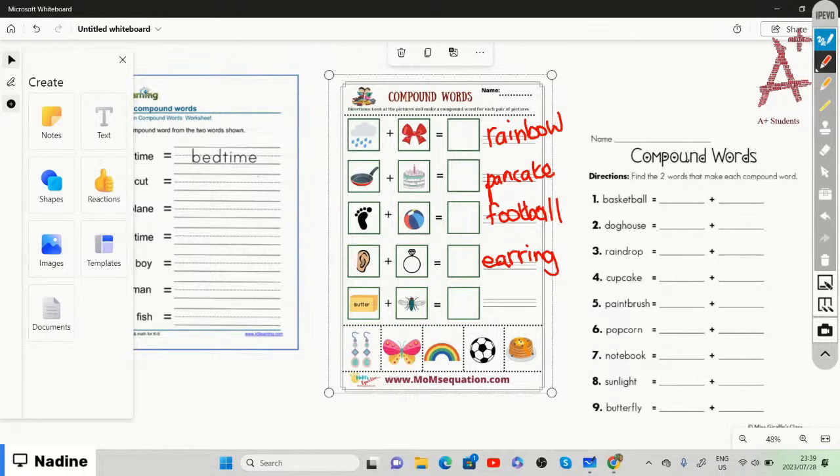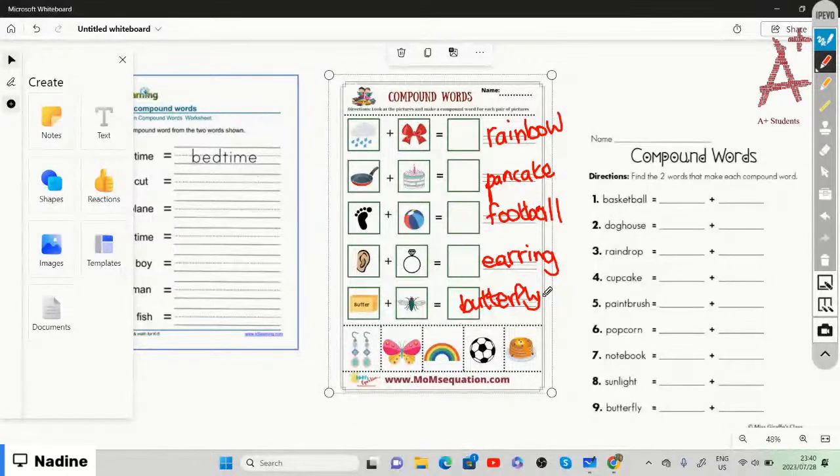Then we have a block of butter as well as a fly. So butter plus fly is butterfly, right? So it is butterfly. So these are different pictures, right? It's the same as the words.